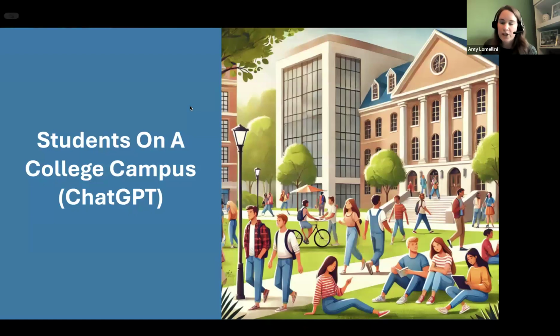What we don't see in the picture is any sort of visible disability. When we prompted originally just for students on a college campus, people with visible disabilities, at least, were not included in the picture. I'm also a wheelchair user, and I look at these, there's a whole lot of steps up to that main building.